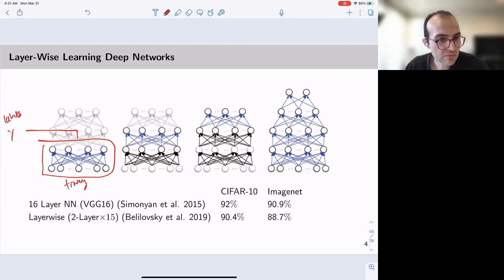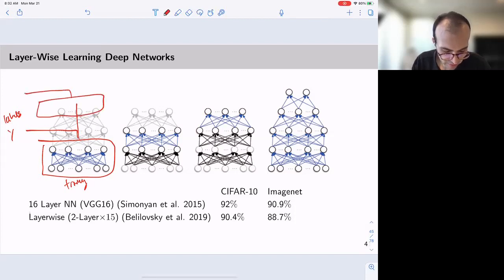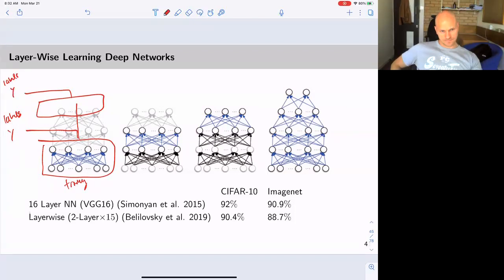It gives you some representation, some hidden layers. You take this hidden layer and train two more layers on top of it and predict the same labels. That is, you always predict the target labels, Y.